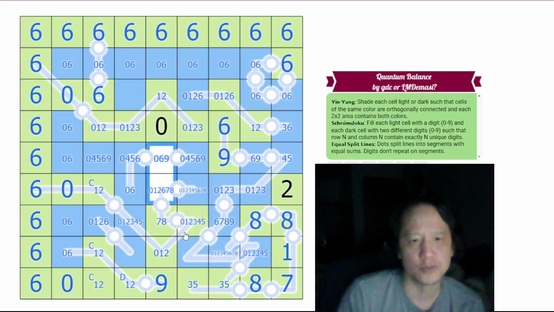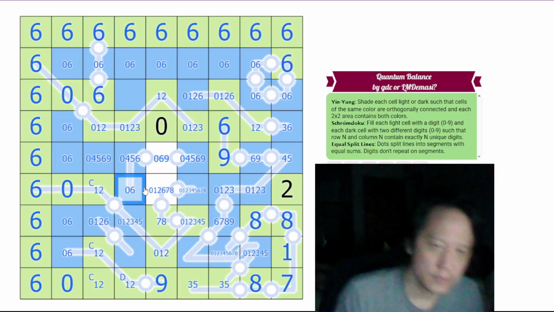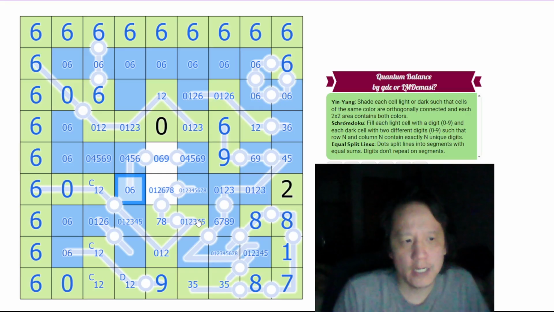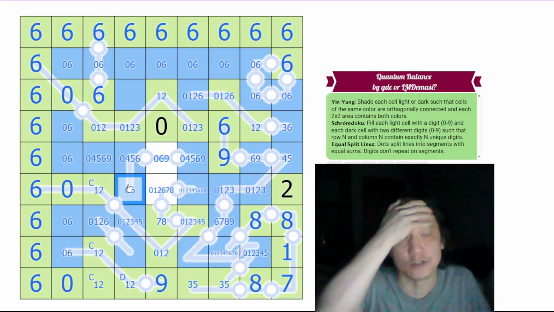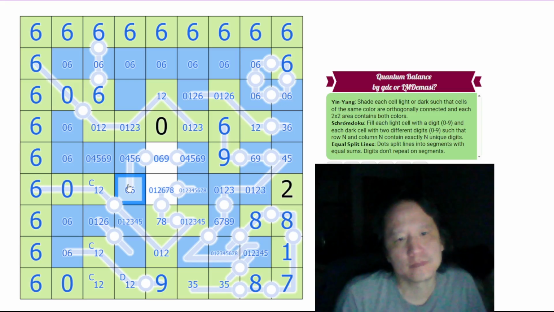So one of these is blue, one of these is green. We're not sure which. So this could be 0 and 6 here, and this could be like 1 and 2 still. This is 6.